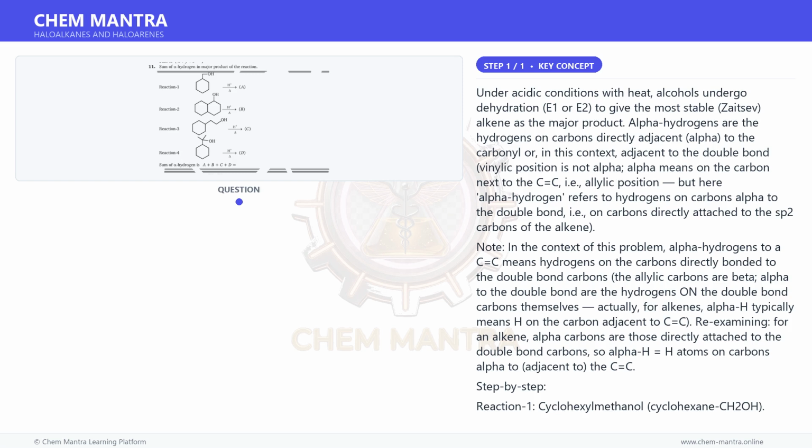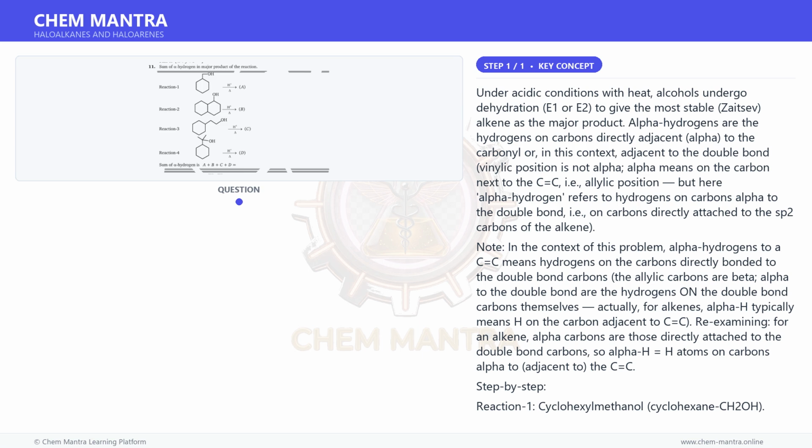Under acidic conditions with heat, alcohols undergo dehydration, E1 or E2, to give the most stable Zaitsev alkene as the major product. Alpha hydrogens are the hydrogens on carbons directly adjacent, alpha, to the carbonyl or, in this context, adjacent to the double bond. Vinylic position is not alpha.